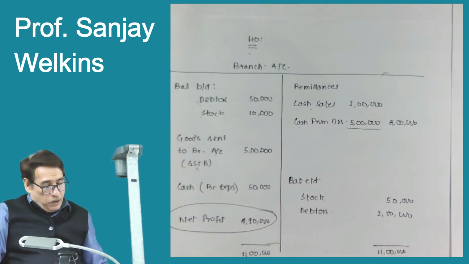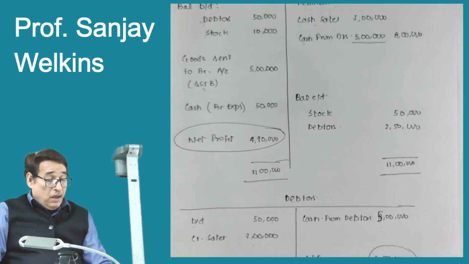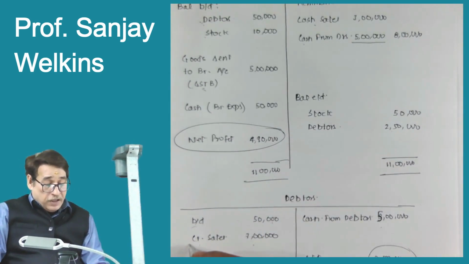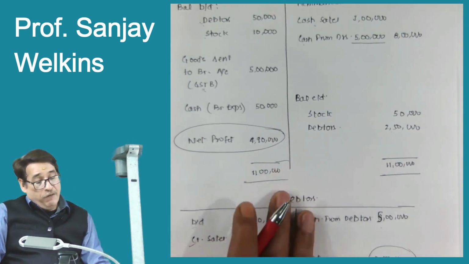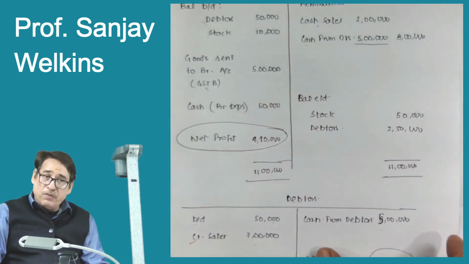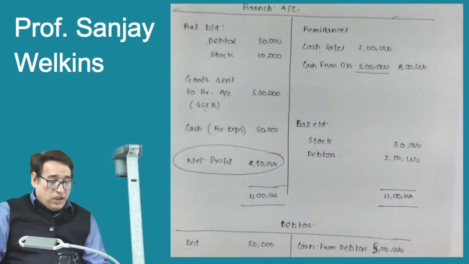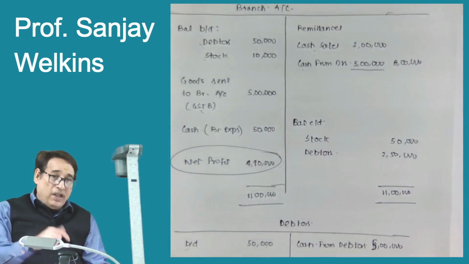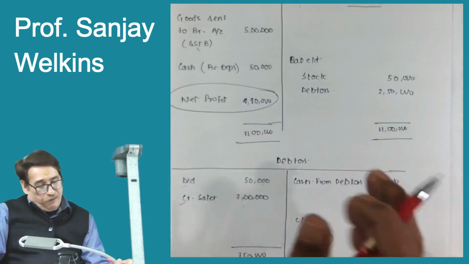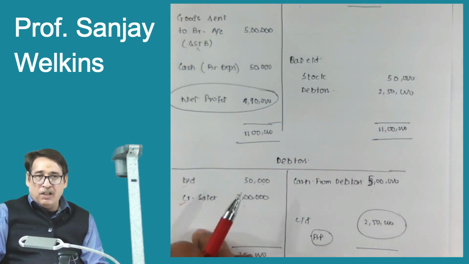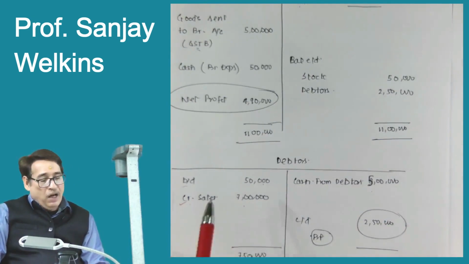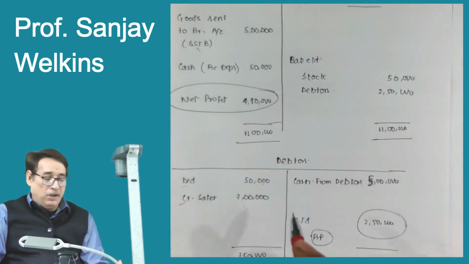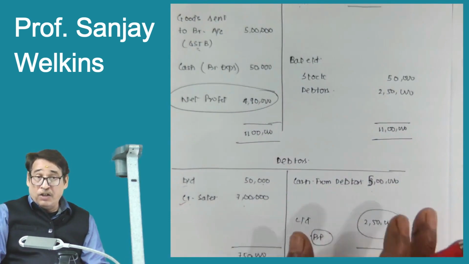Second important point which you must have noticed, that we have written credit sales here, but we haven't written credit sales in the branch account. So sometimes the student fraternity gets confused by these things. Correct? Similarly, honestly speaking, if in this question there would have been sales return, discount or bad debts, I would not have written them in the branch account, but I would have written them in the debtors account.